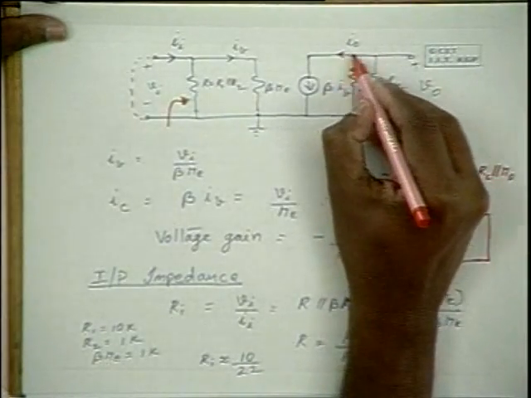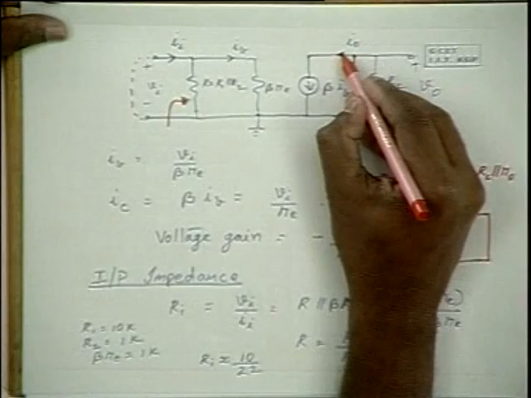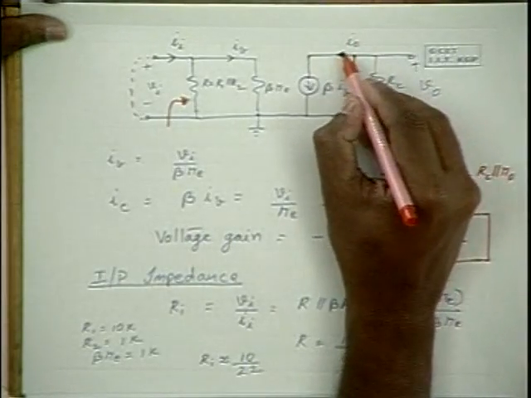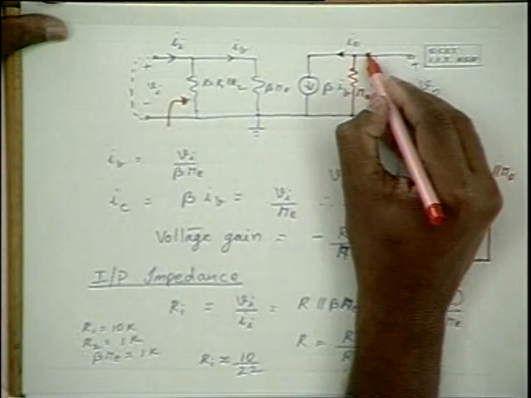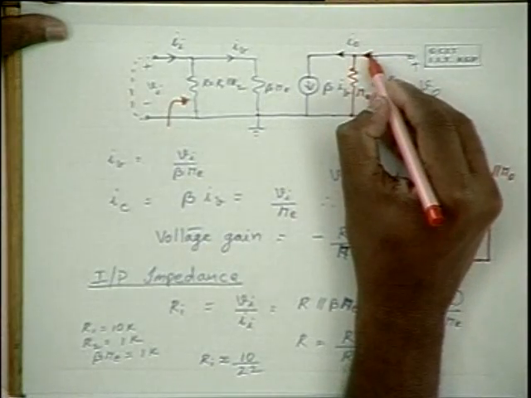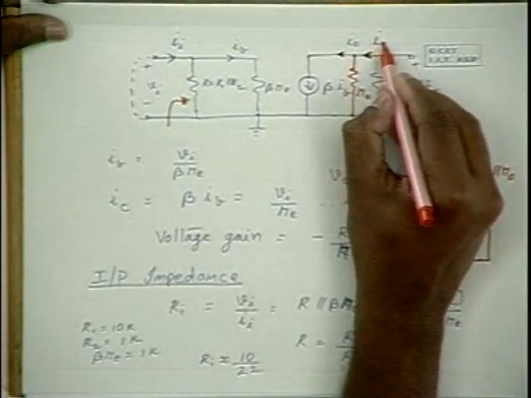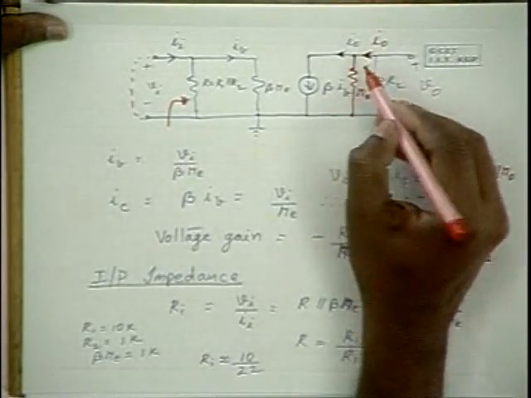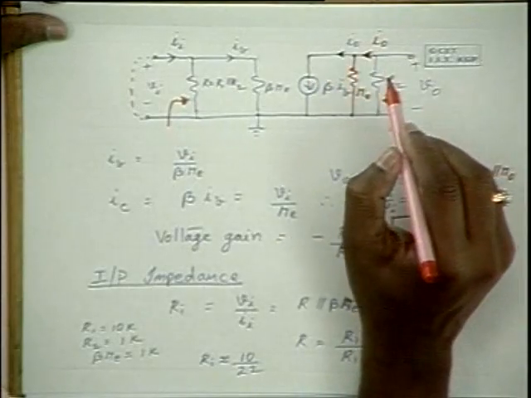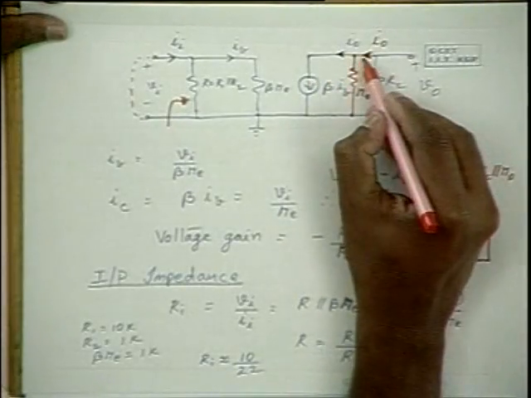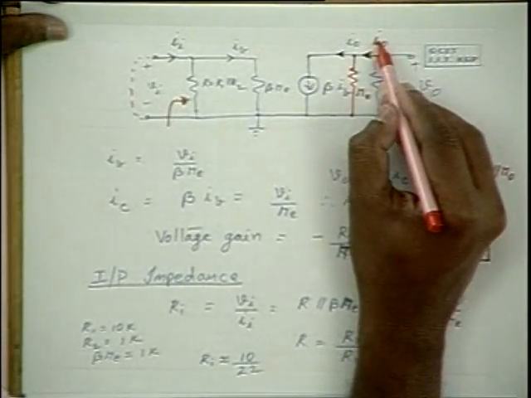So, earlier the current gain, the output current is considered to be beta IB itself. Now, the output current is this I naught, assuming the outgoing current, that means the nodal current at this node, as the output current I naught.